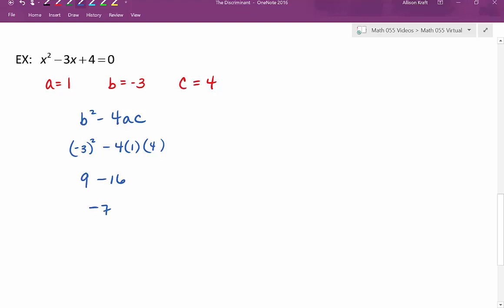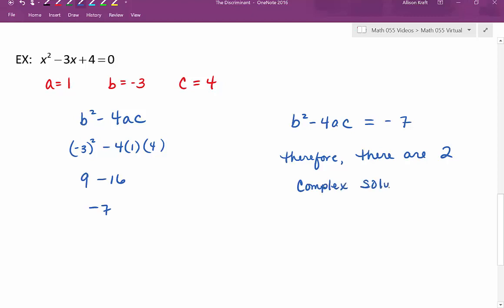So this time, our discriminant, b squared minus 4ac, equals negative 7. Therefore, there are two complex solutions. And we know this just because the discriminant was a negative number.